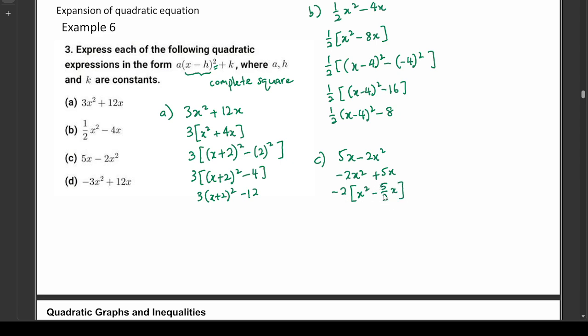Okay, so now only I can do complete square. Divide by 2, which is basically times 1 over 2. Okay, minus of extra number.